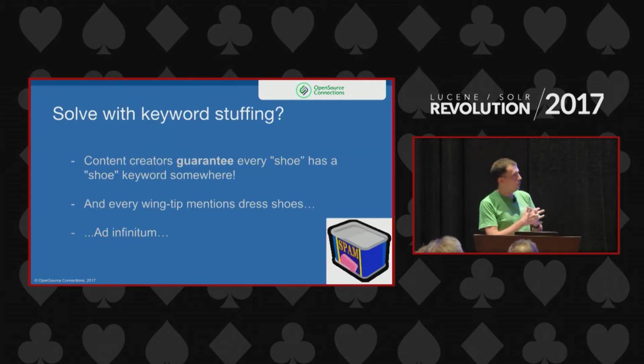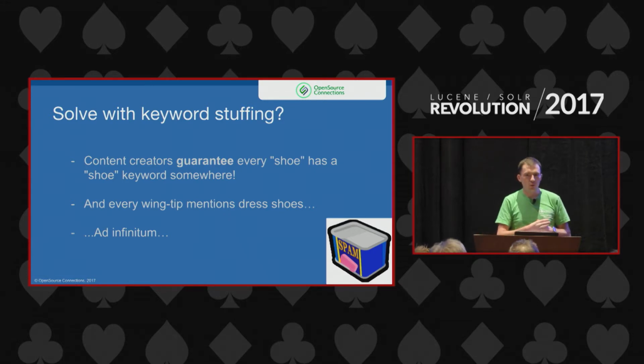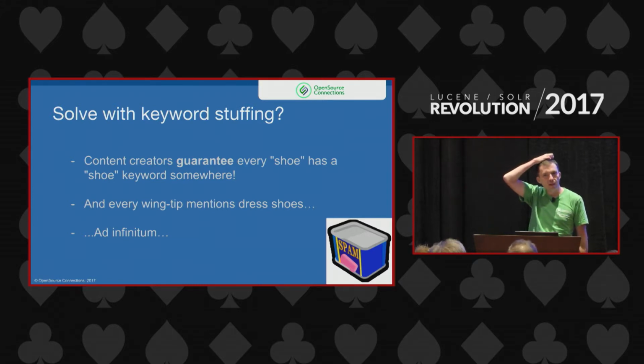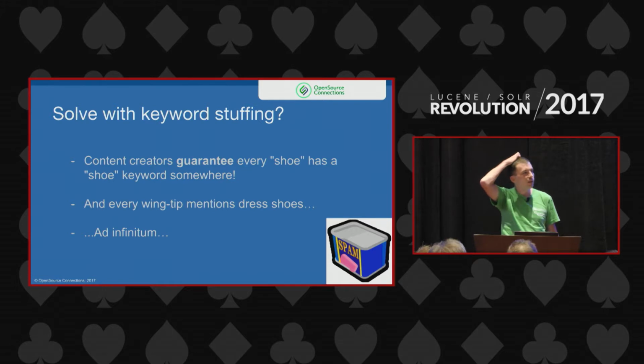Before I go on, how many people have seen keyword stuffing before, where you have this problem and so you say, well, I need to add maroon, brown, red, any conceivable color to this product so that it will come up for my searchers. And this tends to create a giant mess, right? Because A, people aren't particularly consistent.